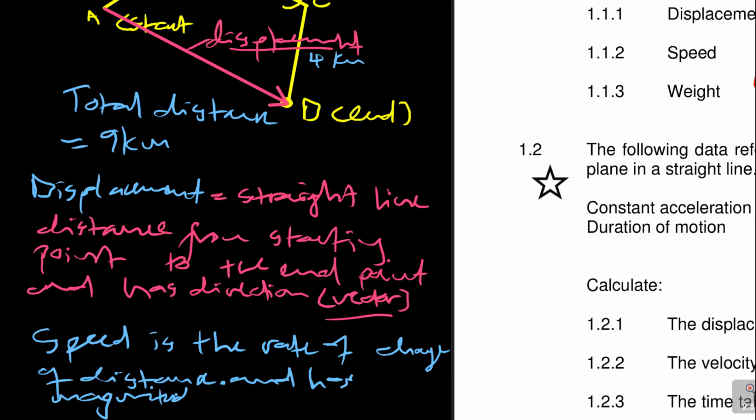Remember, it is a scalar quantity. It's not a vector. So when you say speed, you are just talking about the quantity of that movement, which is measured in meters per second.